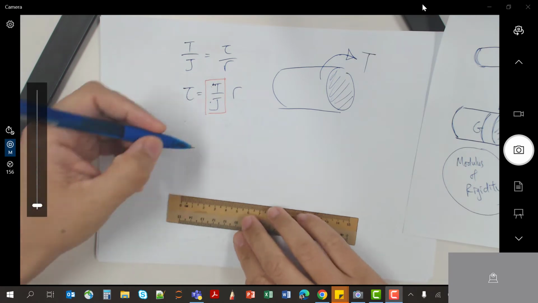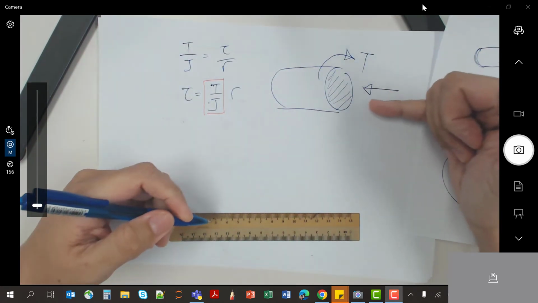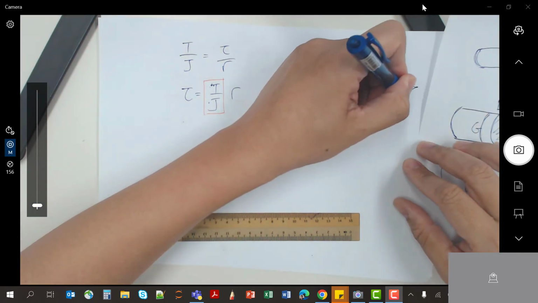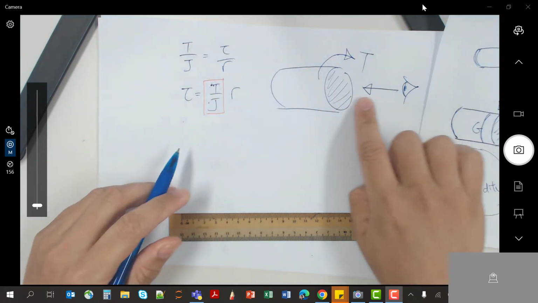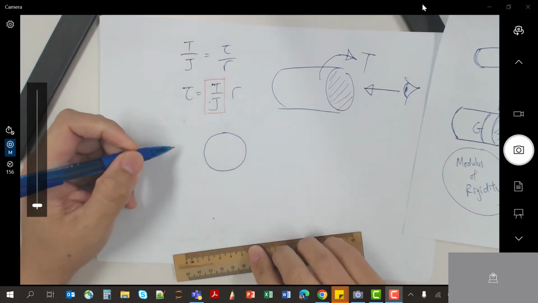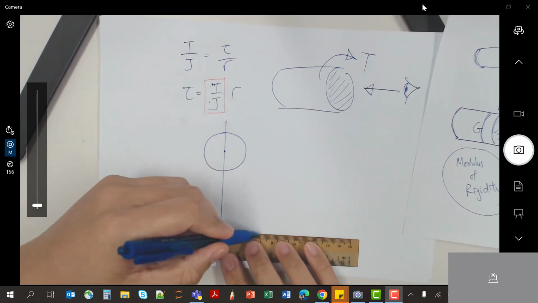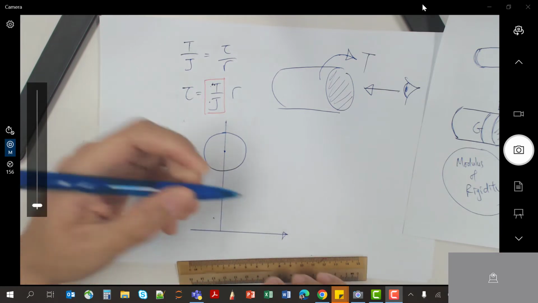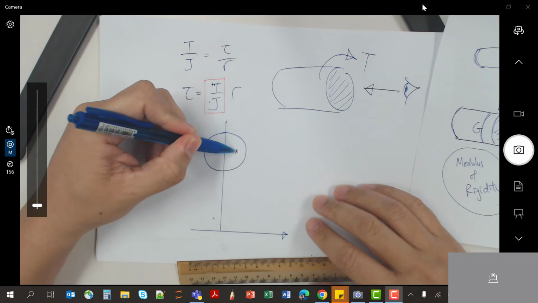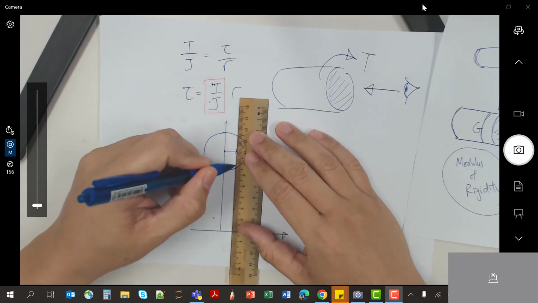How do you see it? If I look at the shaft this way, you're going to see a circle. The center of the circle is here. If I am interested in a location here, I'm interested when the radius is this much.